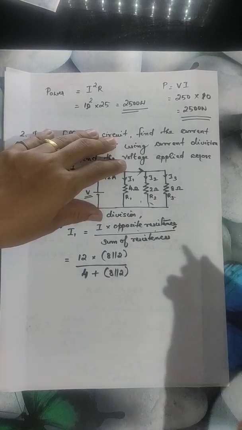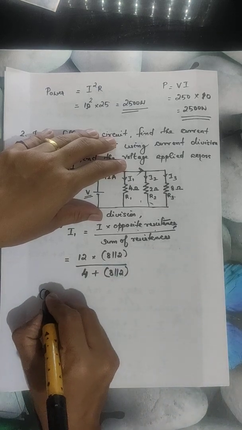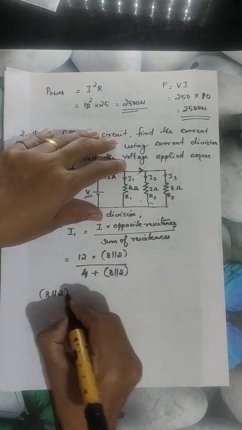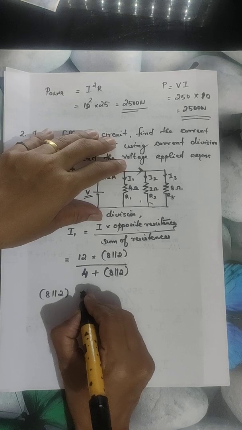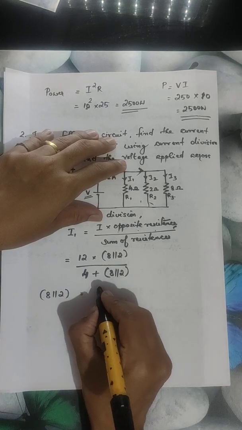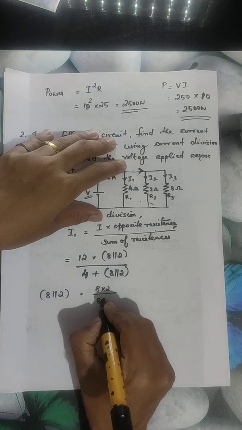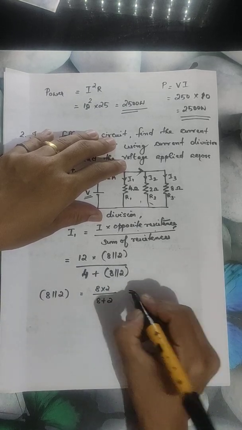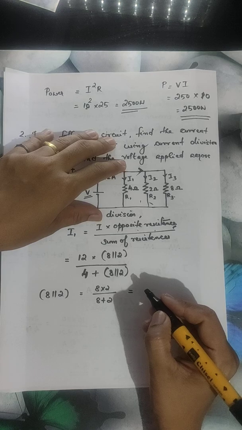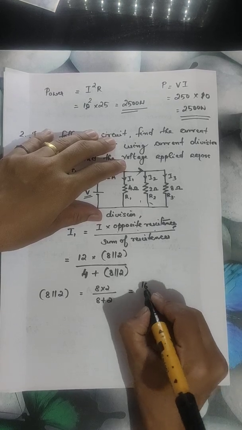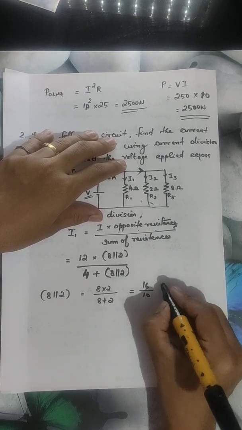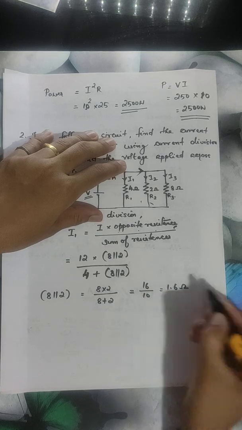Okay. Now what is equivalent of 8 parallel to 2? 8 parallel to 2 becomes R1 R2 divided by R1 plus R2. That is 8 into 2 divided by 8 plus 2. So this becomes 16 divided by 10 or 1.6 ohm.